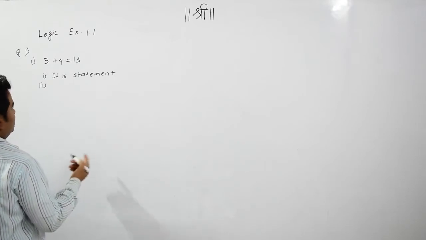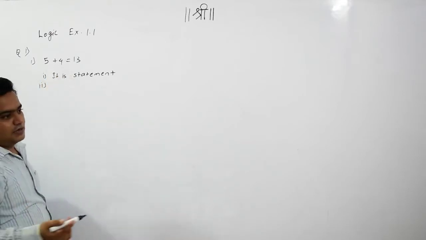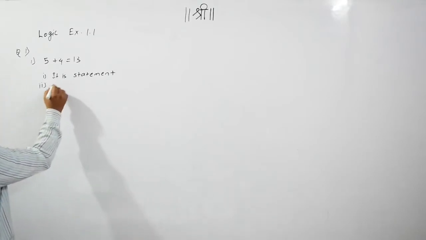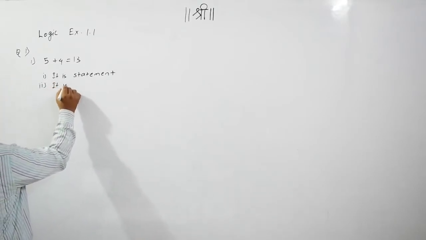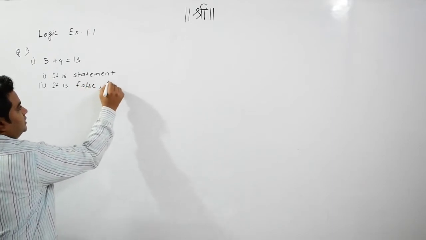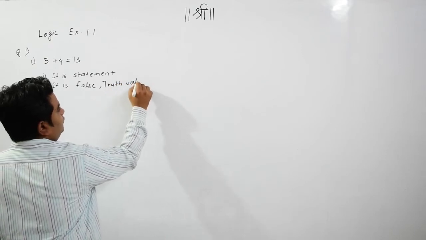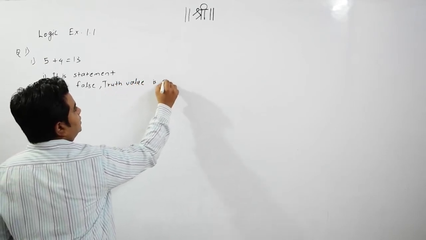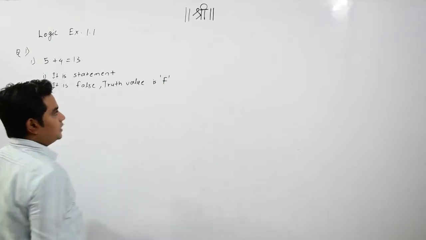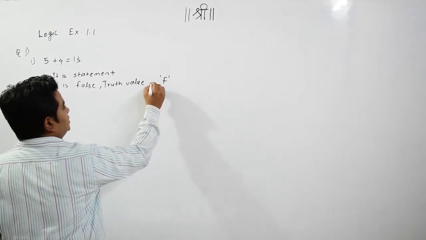All of you know that 4 plus 5 or 5 plus 4 is 9, not 13. Therefore, it is false, and hence the truth value is F. Understood?